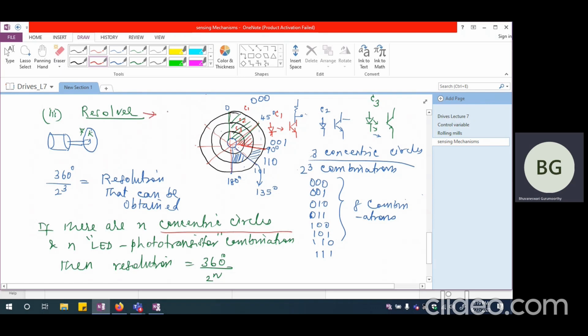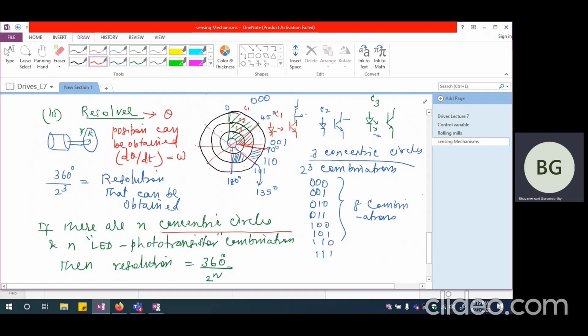So the resolver will be able to give you theta directly. That is, the position can be obtained directly. If I obtain the position directly, then I should be able to get d theta by dt, which is equal to omega.